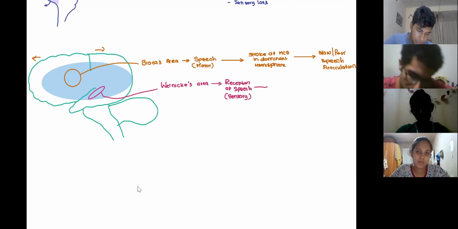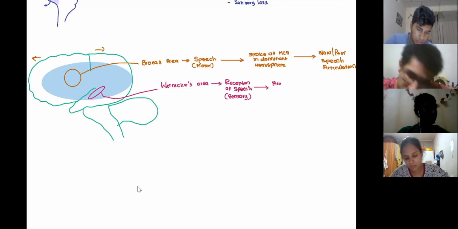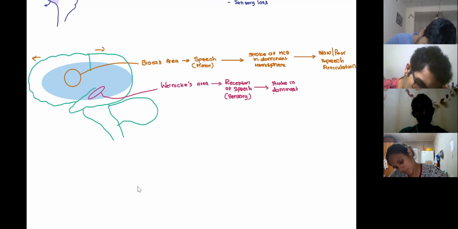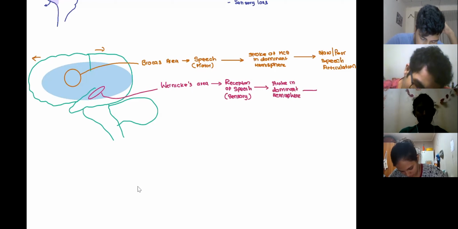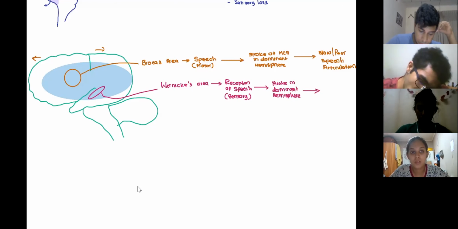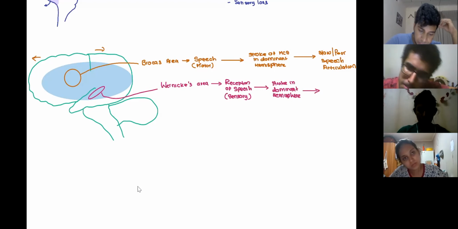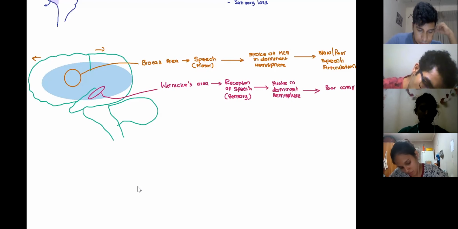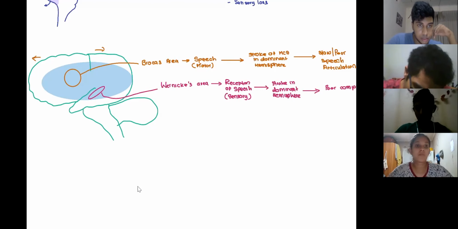And these patients, if they have a stroke in the dominant hemisphere, they can have aphasia. Sorry, this is called receptive aphasia. That is basically poor comprehension.